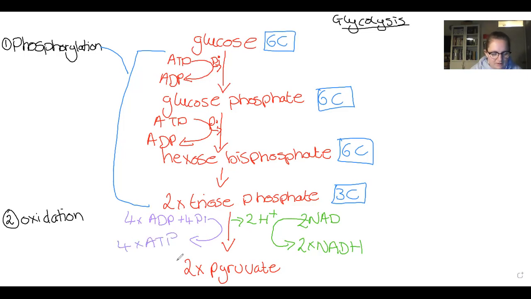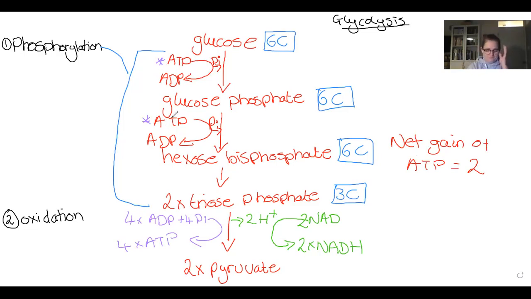So 4 molecules of ATP are produced. Now, if we look back here, we've used 1 molecule of ATP here, and we've used 1 molecule of ATP here. So our net gain of ATP during glycolysis equals 2. So we've only gained 2 ATPs in total during glycolysis because we've used 2 in the earlier stages.